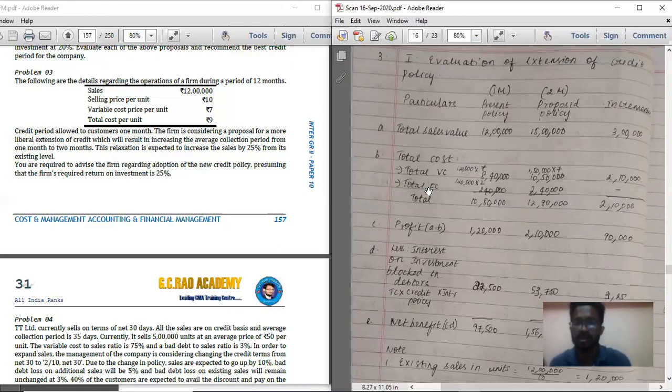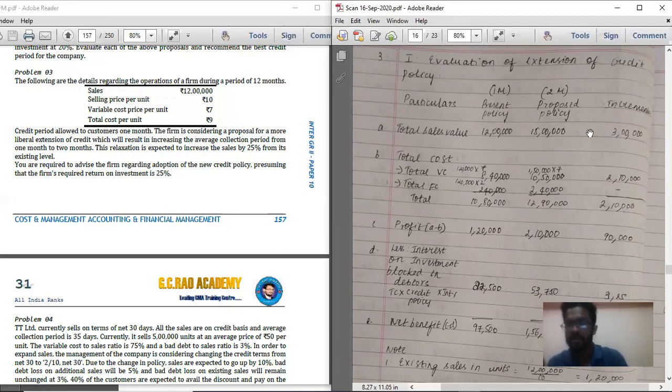First column, particulars. Second column, present policy. Above that within bracket, 1 month, because present policy is 1 month. And third column is proposed policy. Above that, within bracket, 2 months. And fourth column, that is last column, is increment.